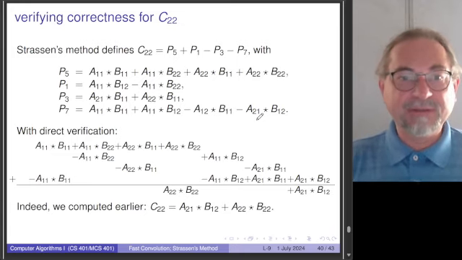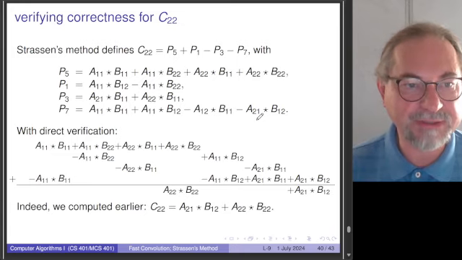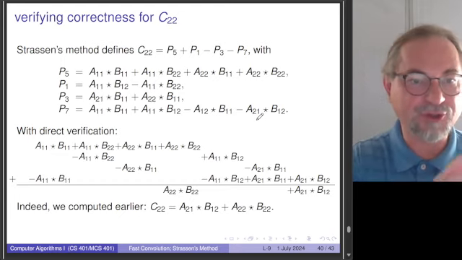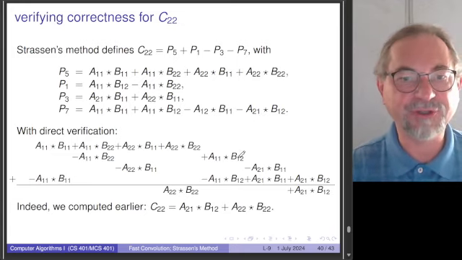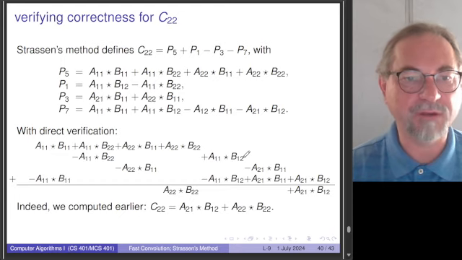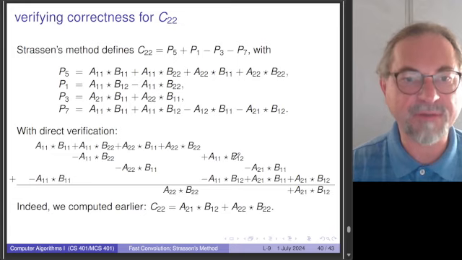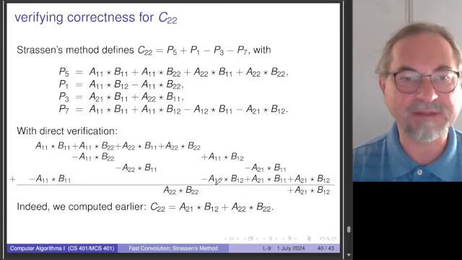So it's a little bit tedious, but you can see by direct verification that it arranges the terms. So we have the term for P5. If we then write underneath it the definition of P1, we see that one term cancels out. The extra term introduced by P1 is cancelled out by P7.